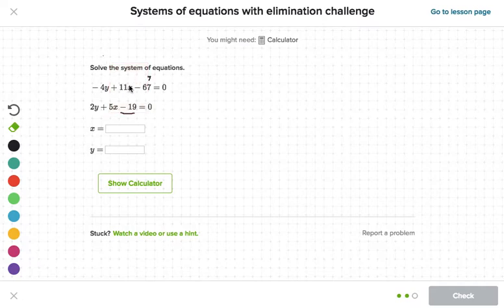Okay, so we're going to begin by adding 67 to both sides and adding 19 to both sides in this equation.